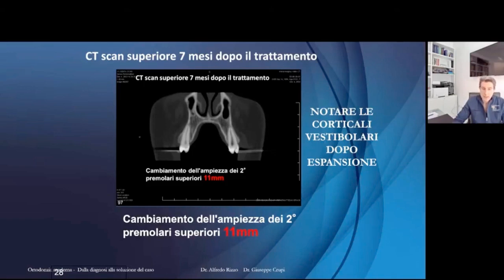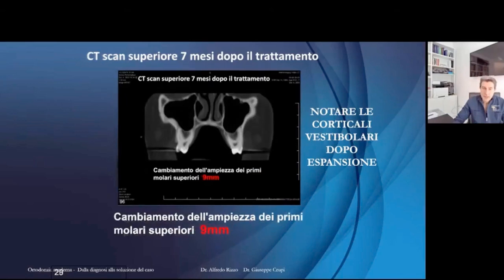The same thing can be demonstrated in the area of the second premolars, where we see the increase of 11 millimeters. The axes of these premolars are absolutely upright without any vestibular, without any frontal inclination.